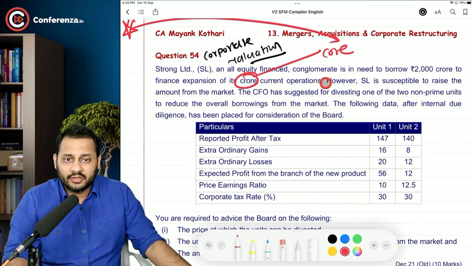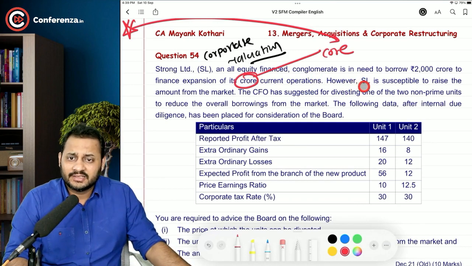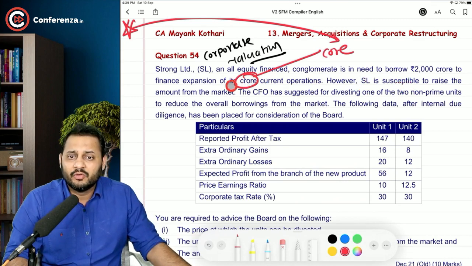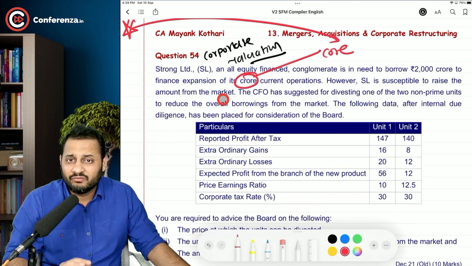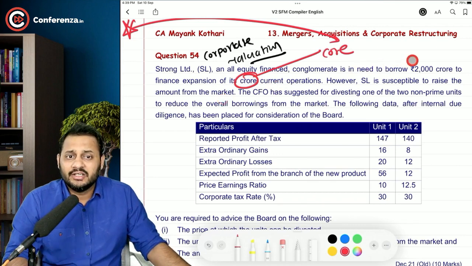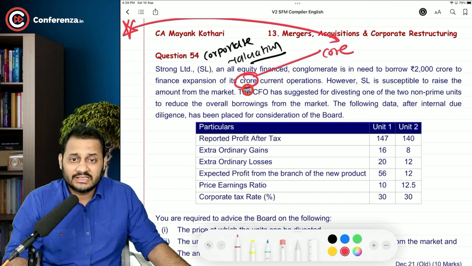However, SL, this company Strong Limited, is susceptible to raising the amount from the market. See, this company is all equity financed. Till now they have not raised any borrowings from the market. Right now they need 2000 crores to expand the business, and that's why they will try to borrow a minimum amount.